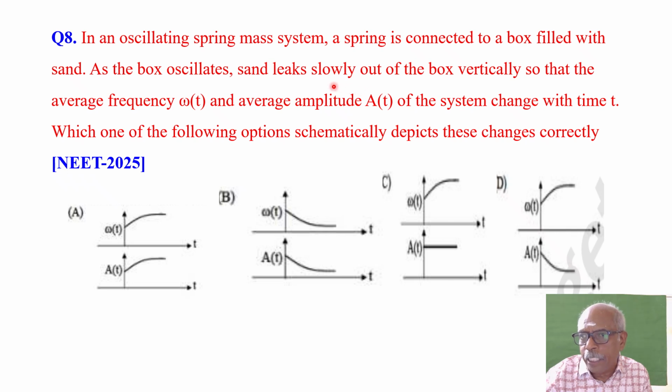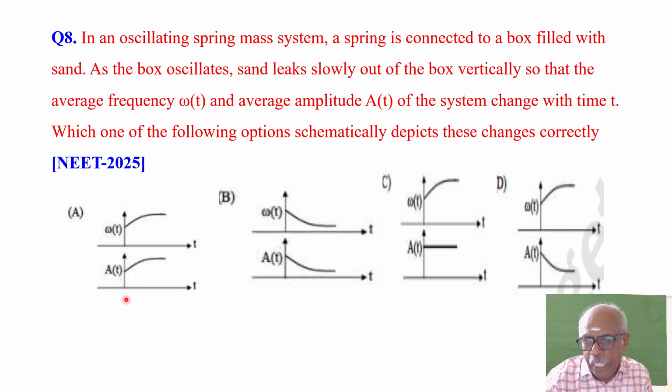So as time passes on, sand leaks slowly out of the box, so that the average frequency omega of t and the average amplitude capital A of t of the system change with time t. Which one of the following options schematically depicts these changes correctly? This question was asked in the NEET examination in the year 2021.